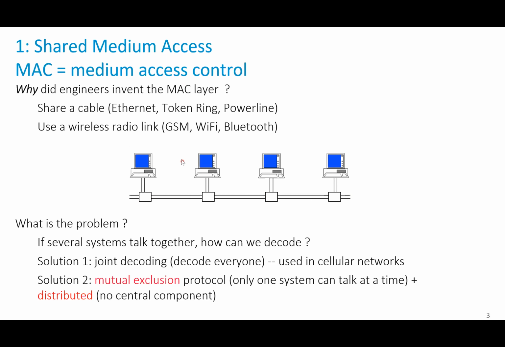You have one cable or one radio channel, which from the practical point of view is very different, but from the protocol viewpoint is the same. And the problem is, if several systems talk together, then there is a collision. If A sends a packet, but B sends a packet at the same time, then the signals on the wires will add up.